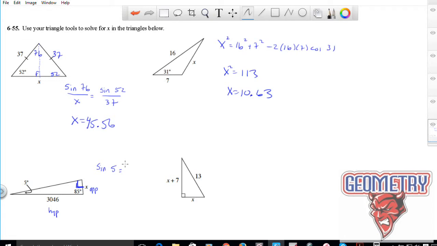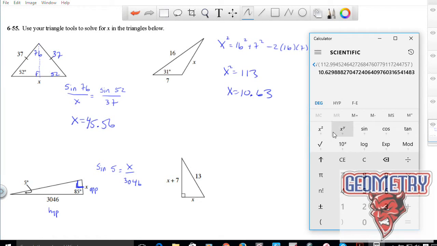So the sine of 5 degrees equals x over 3046. When we cross multiply there, we get x to be 3046 times the sine of 5, so there's the sine of 5 times 3046.